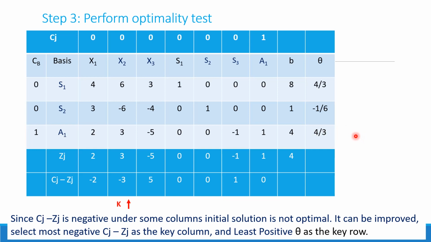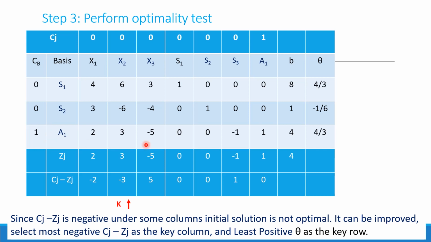If I select this one as a key row, a1 will be your leaving variable, so a1 will get removed from here, so the problem will become less iterative. It may get solved very soon.